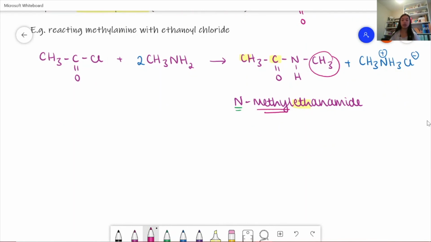paracetamol from this reaction. So how we produce paracetamol is we have an aromatic amine, which looks like this. So we have the benzene ring, and then we have an amine group and an OH group. And then we react this with ethanoyl chloride.